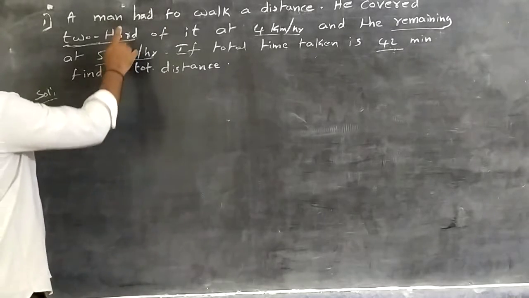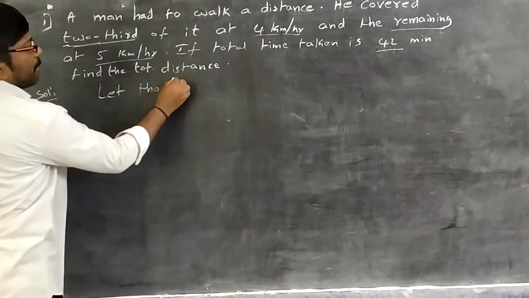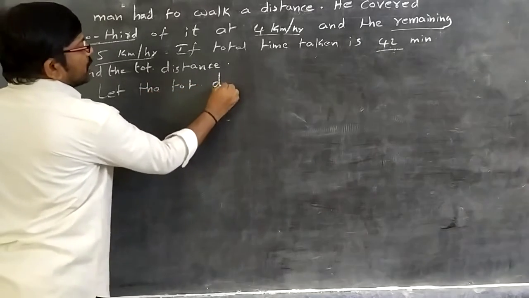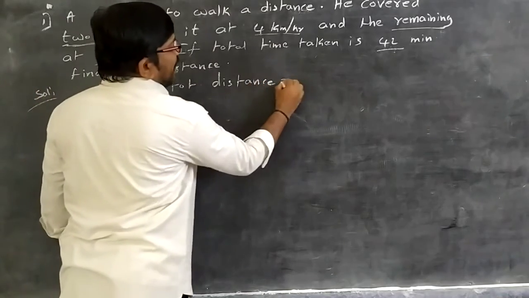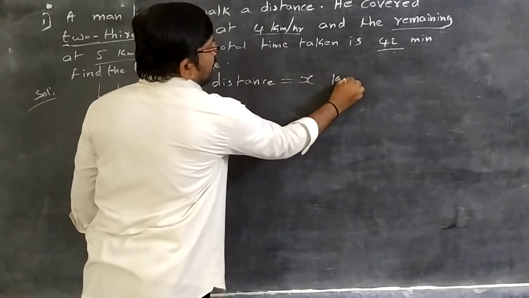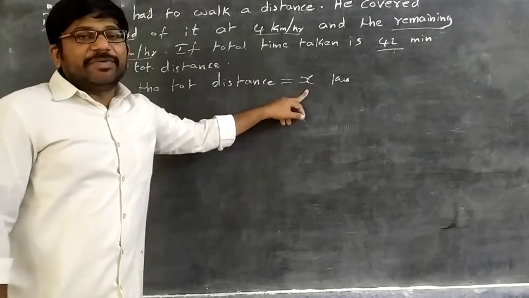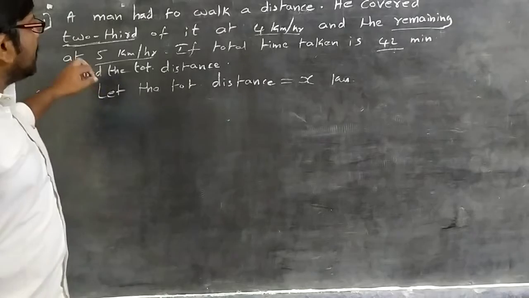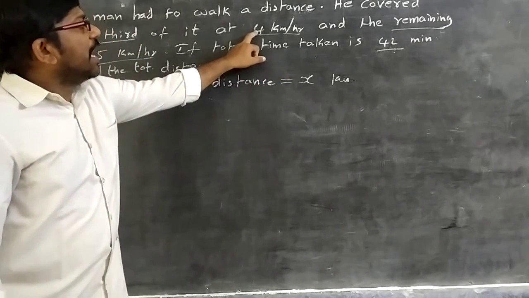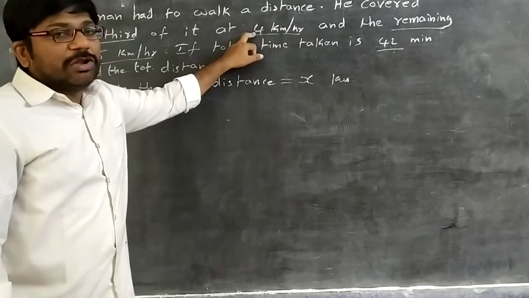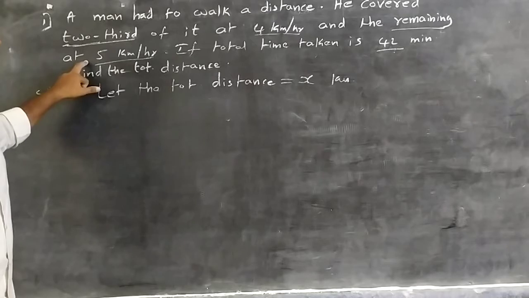See, let the total distance be x kilometers, right? Now this total distance is divided into two parts. In the first part, 2/3 of the total distance is traveled at a speed of 4 km per hour, and the remaining is traveled at a speed of 5 km per hour.